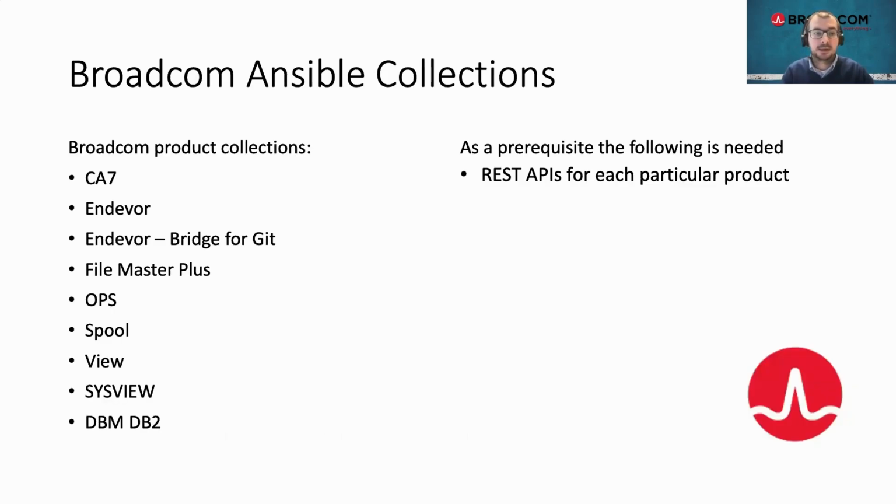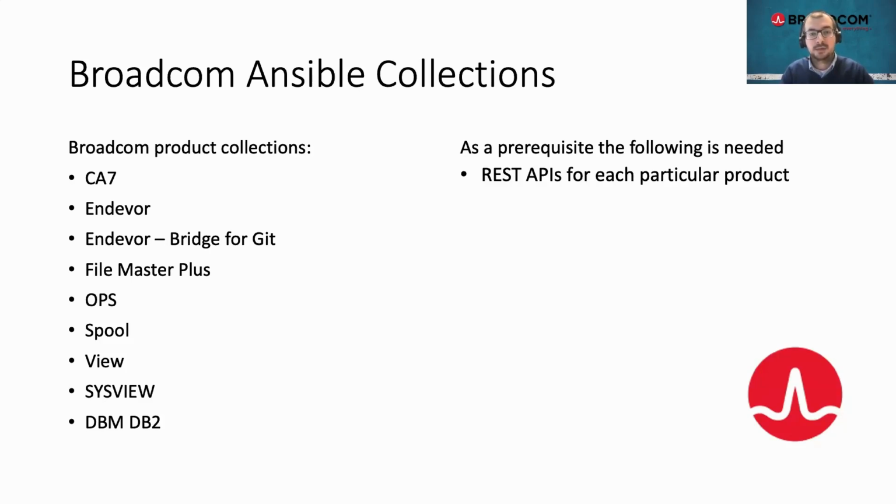And this is applicable for us as well. For us, I mean, as Broadcom. So currently we have 10 collections available. There is one more, but this is, let's say, a technical prerequisite for all these collections. I will explain exactly what I mean in the next slide. But for products like CA 7, Endevor, Bridge for Git, File Master, OPS, Spool, View, SYSVIEW, NDB, and Db2, you can get the collections from Ansible Galaxy as well.